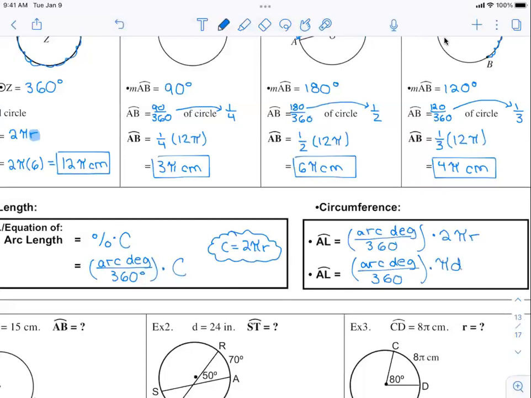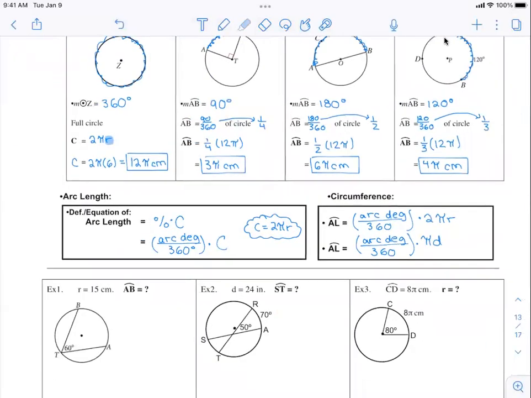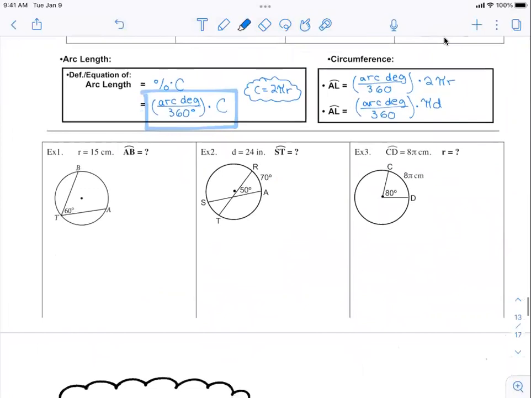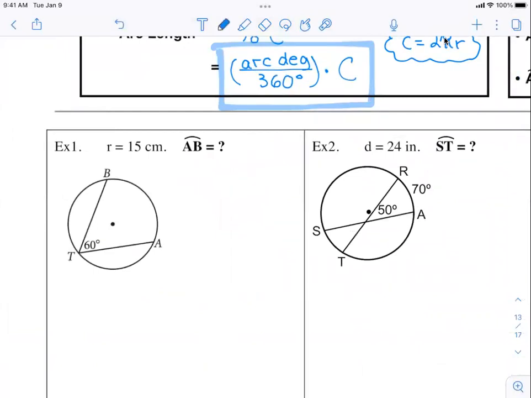That's the same thing as saying 2 pi r, because 2 radiuses make up the diameter. I like to think of it like this, because I know my circumference formula. But those formulas all mean the same thing, they just look different. So let's go ahead and apply it. The radius is 15 here.